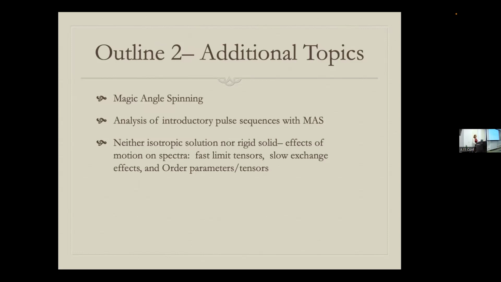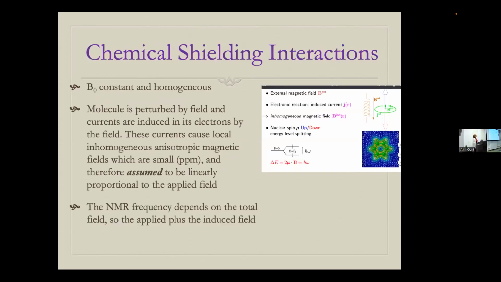But, if we run out of steam, our minimum goal is to get good equations for magic angle spinning. So I picked the chemical shift interaction, or chemical shielding interaction, as our first example. It illustrates more of the advantages of spherical harmonic notation.